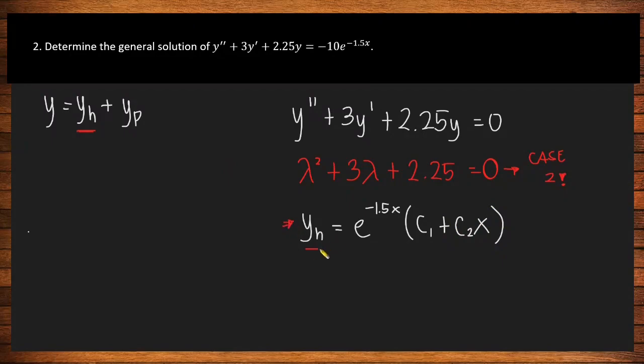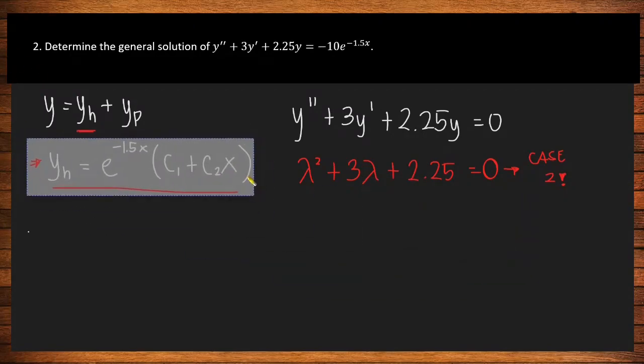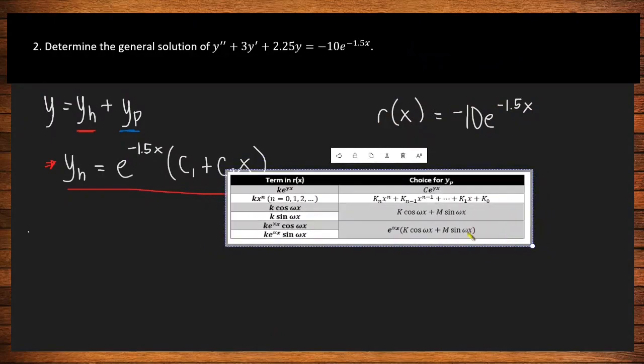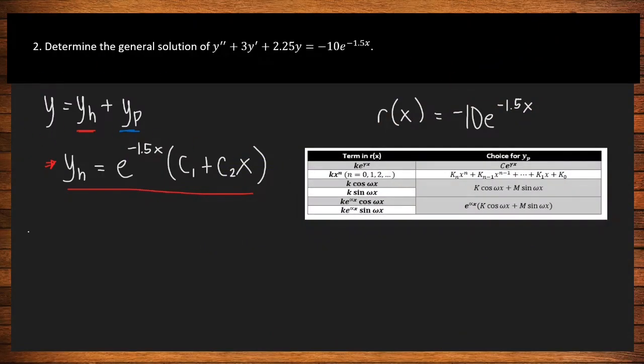After that, next naman na kukunin natin will be yung value ng y sub p. So as we can see, yung r of x natin na term has a form similar to the first entry in our table here. Okay, so yung first row, since this is an exponential function. So yung choice for y sub p natin will be equal to c times e raised to negative 1.5x.